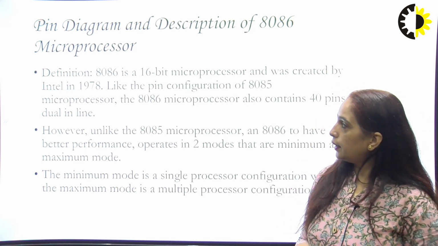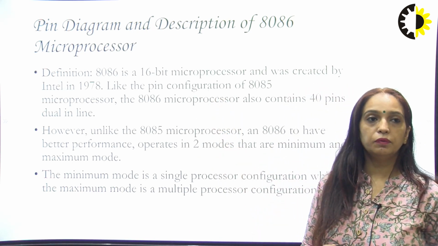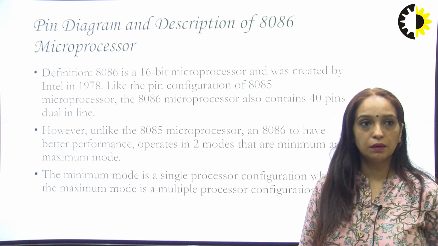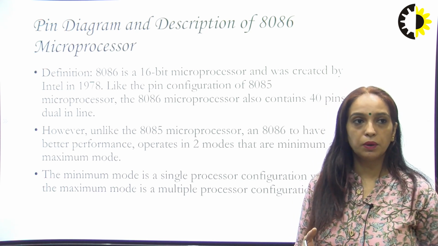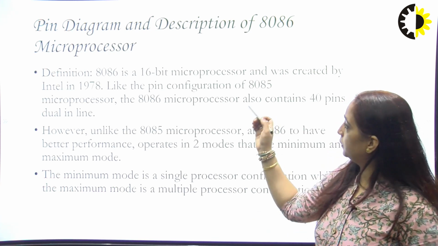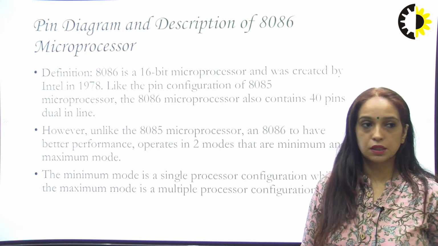So the 8086 is a 16-bit microprocessor, which states that whatever data we want to process will be of 16-bit, and to process the 16-bit data we must have 16-bit address lines, right? So the accumulator will be of 16-bit, registers will be of 16-bit.